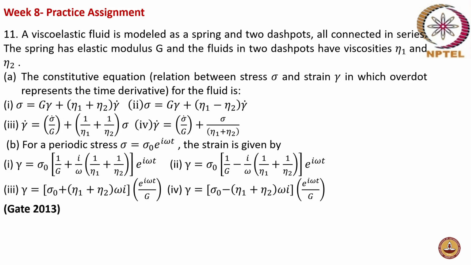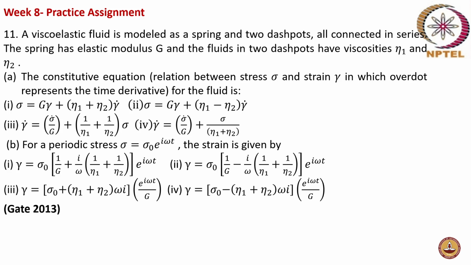This is a problem. A viscoelastic fluid is modeled as a spring and two dashpots, all connected in series. The spring has elastic modulus G, and the fluids in the two dashpots have viscosities eta 1 and eta 2. The constitutive relation is between stress and strain; in the options it is given as stress and strain rate, where the over dot represents the time derivative.